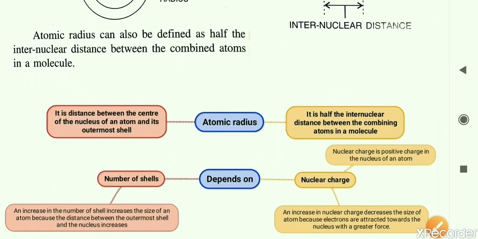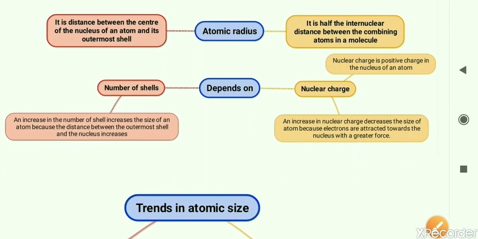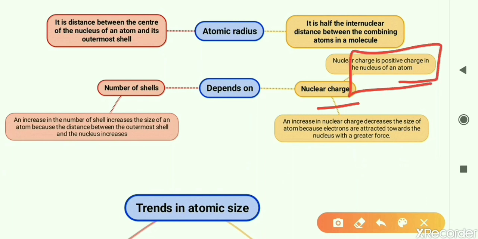Next one is nuclear charge. Nuclear charge is equal to the number of protons. Let us read this first. Nuclear charge is the positive charge in the nucleus of an atom. Whatever is the number of positive charge or the number of protons, that is equal to the nuclear charge. For example, sodium is having the atomic number 11. That means it is having 11 protons.